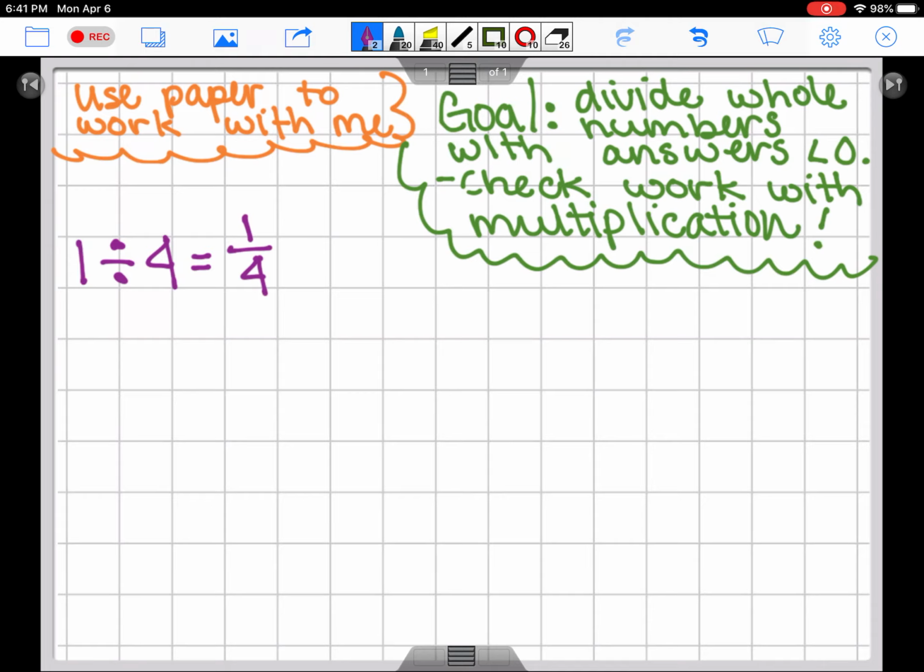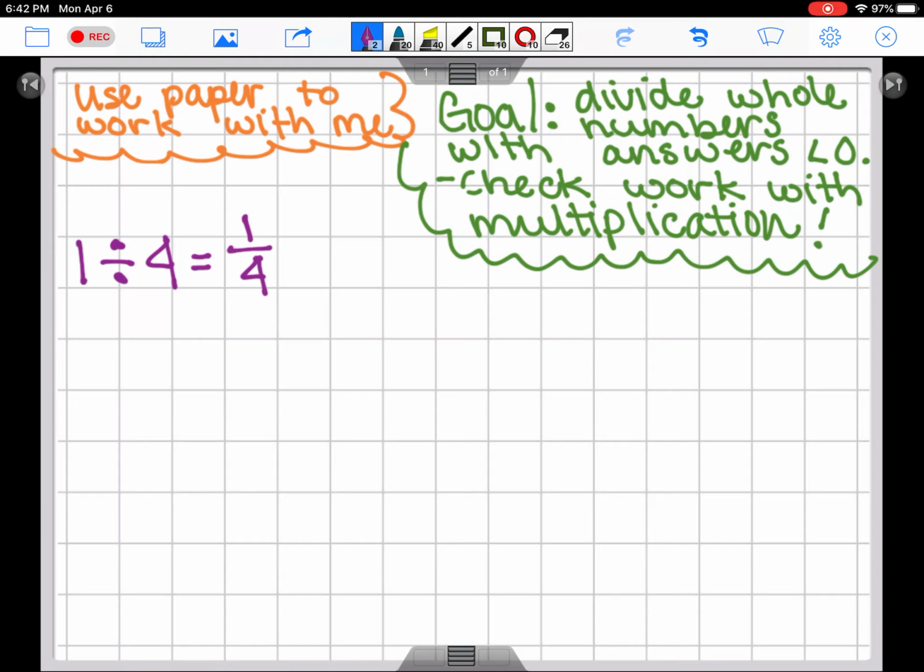You may have also chosen to write an equivalent fraction like 2/4 or 4/16. If you wrote a different one, that's totally fine. This one is going to be the most direct one, and because it's in simplest form, it's probably going to be the easiest one for us to solve right now.